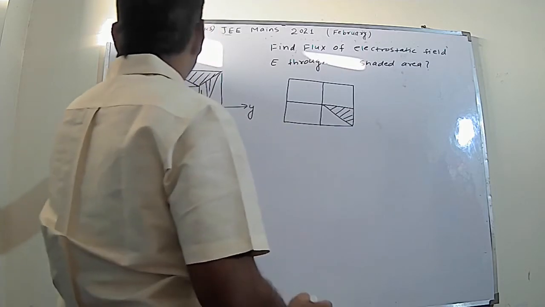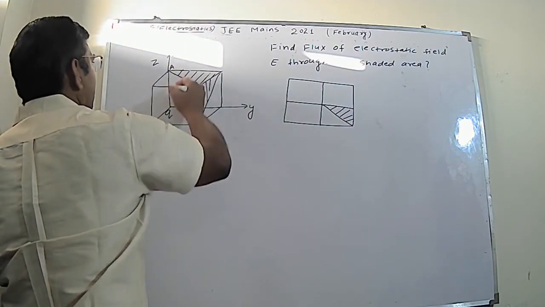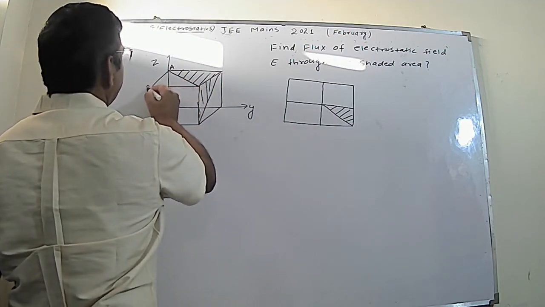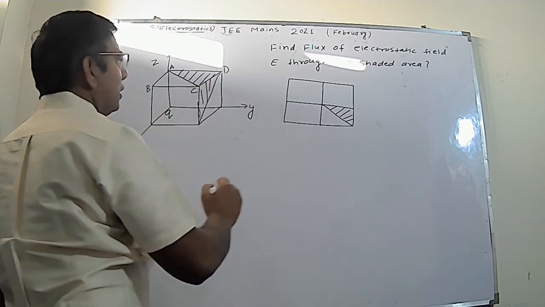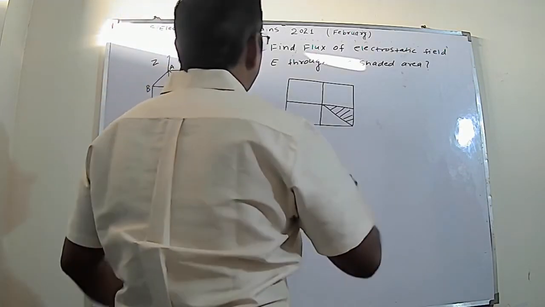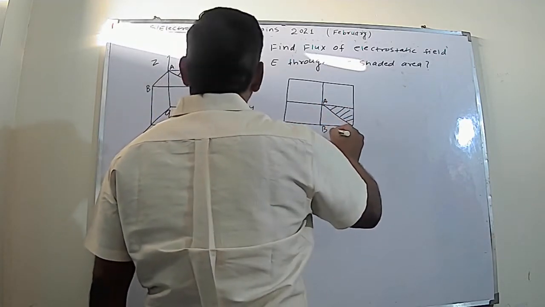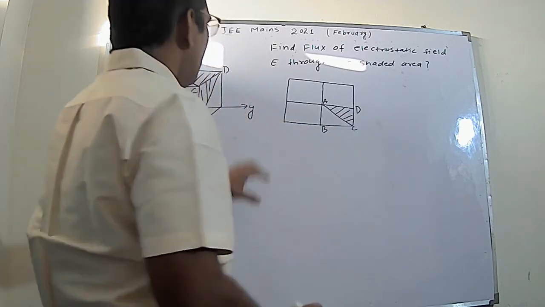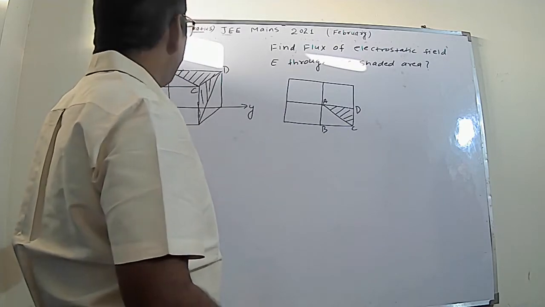So if we take here A, B, C, D, this one we can write here A, B, C, D. How many faces are there of a bigger cube?